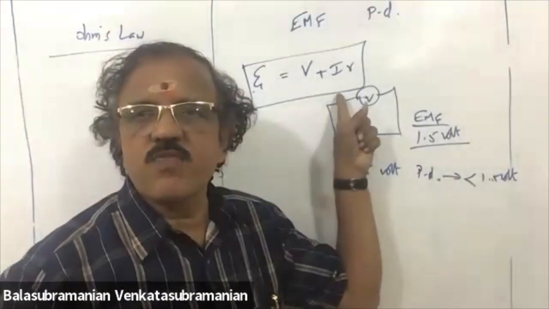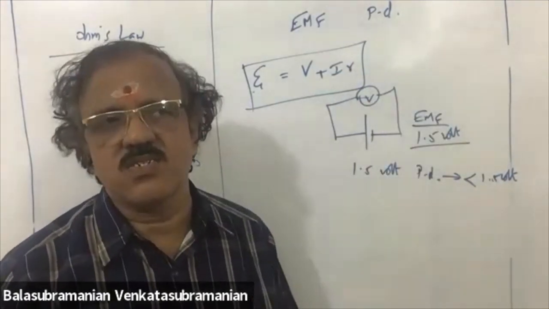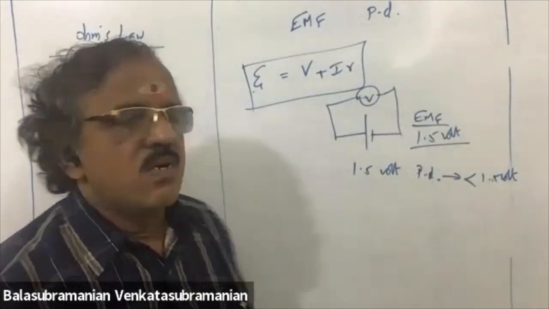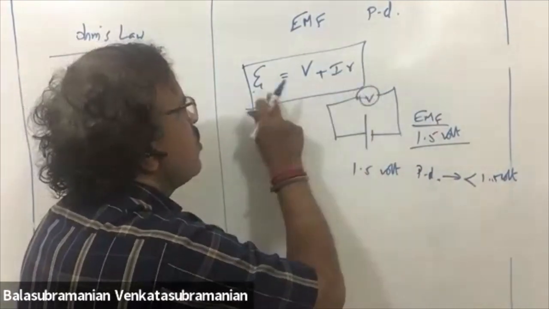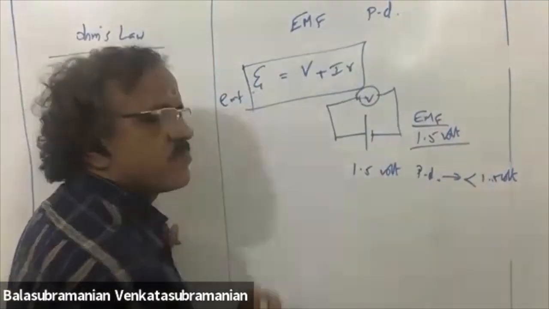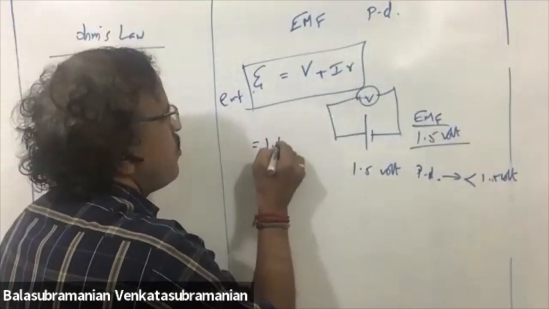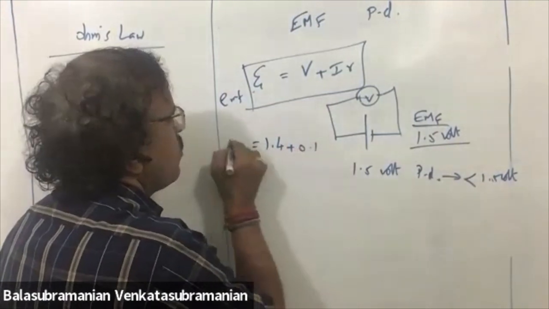V is the potential difference, I is the current passing through, r is the internal resistance. When internal resistance is 0, psi is equal to V. This is EMF: 1.4 plus 0.1.